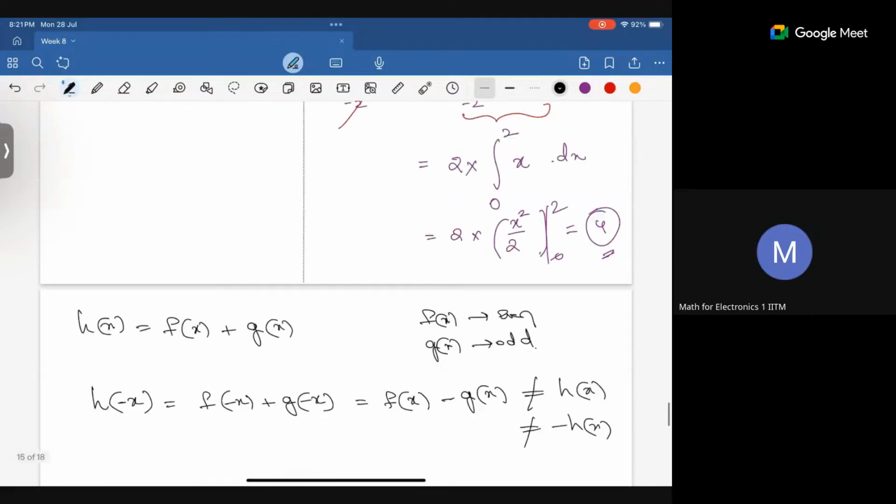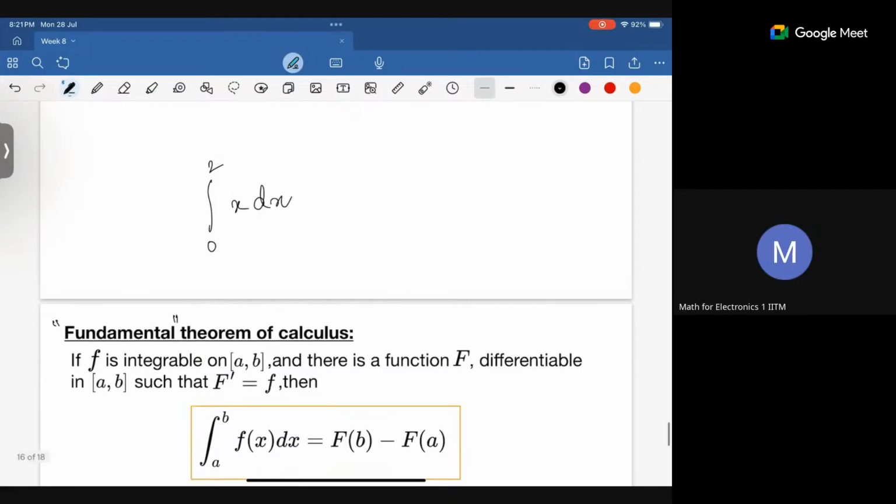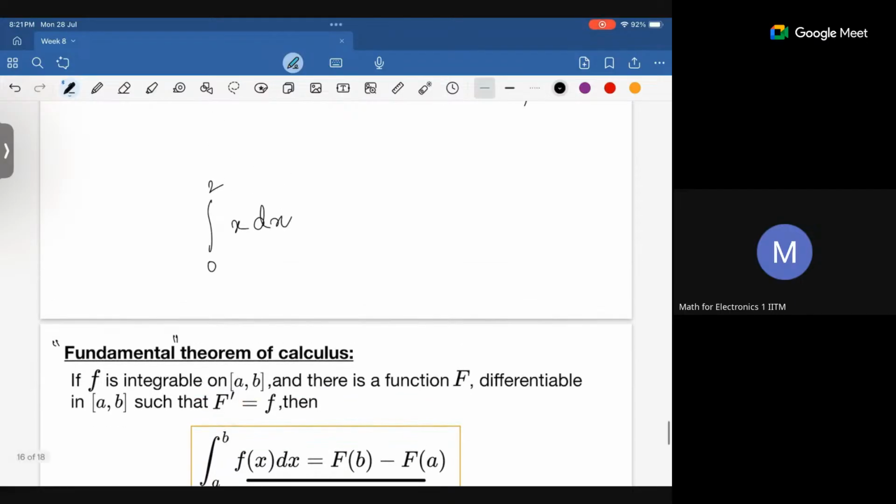Where we used the integral from 0 to 2 of x dx, what we did is, we have this x, which is small f, and the corresponding capital F will be x squared by 2, because when you take the derivative of x squared by 2, it will be 2x by 2, and it will be x.